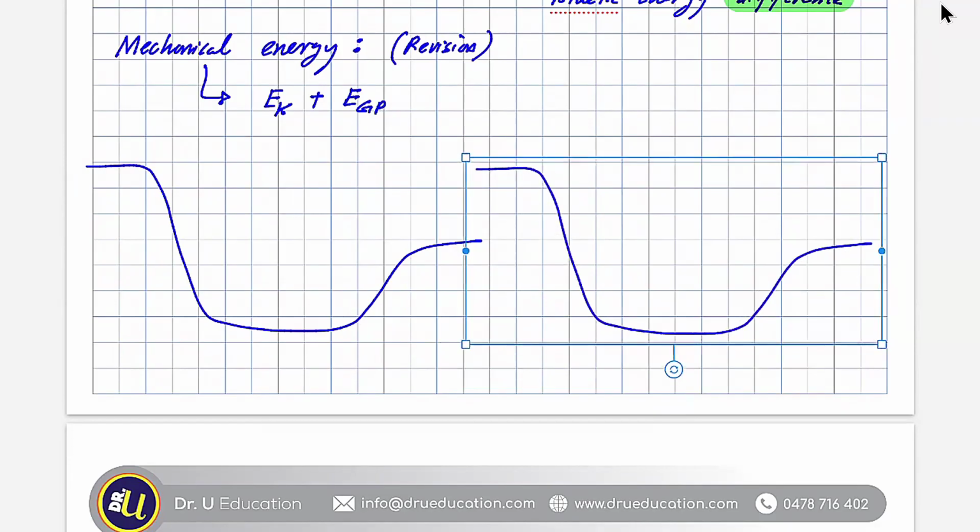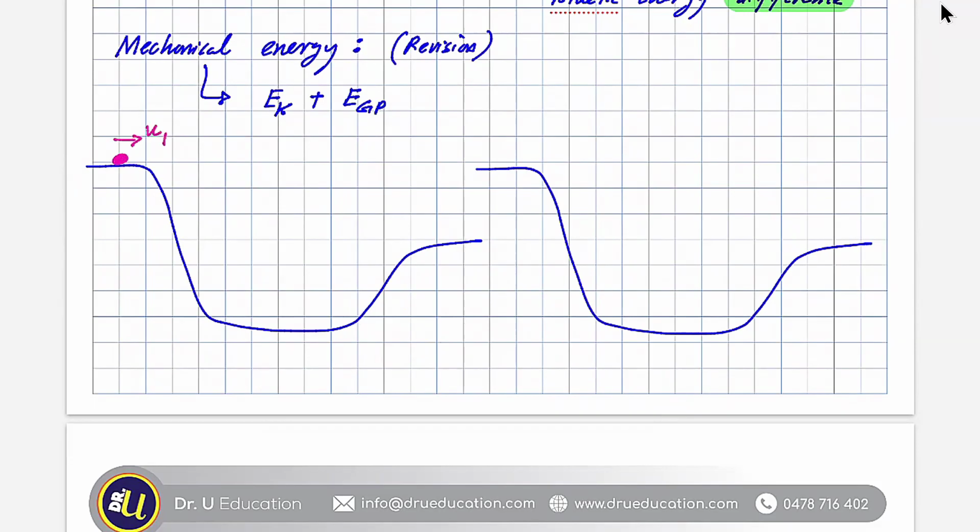Think about the object is at this position. U1 is the speed.